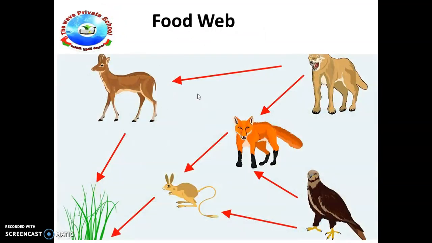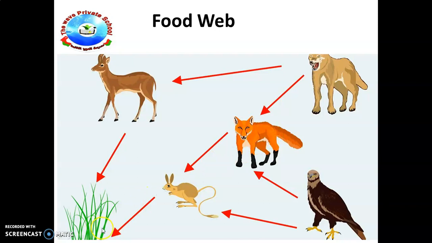So as I told you, many different food chains link to form a food web like this. Here you can see different types of food chains. First, the grass is eaten by the mice, and then the mice is eaten by the hawk. So this is one food chain, and again this is eaten by the fox.